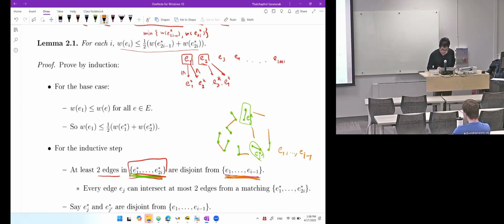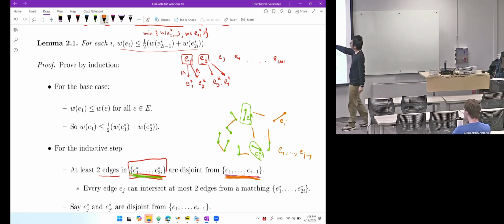So it means that if you're going to choose the next Ei, it needs to be lighter than both of these guys, because we choose Ei to be the lightest edge among all that are still disjoint from the previous orange edges. But these two green edges are among the candidates. So this one is going to be lighter than both of these.